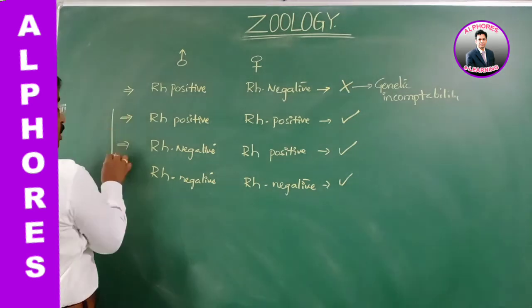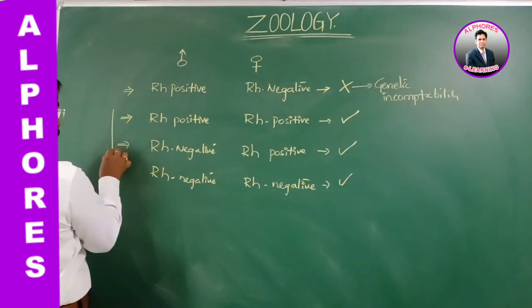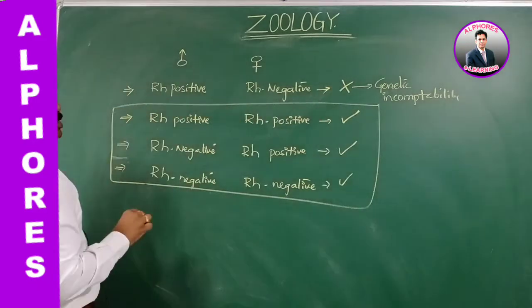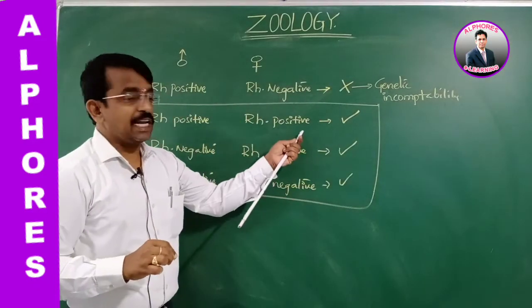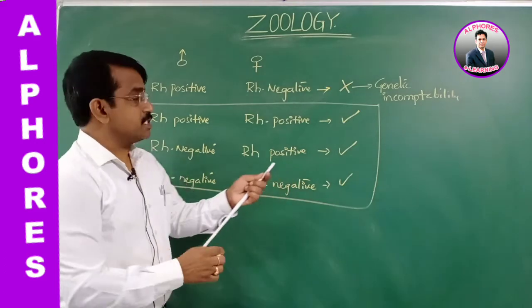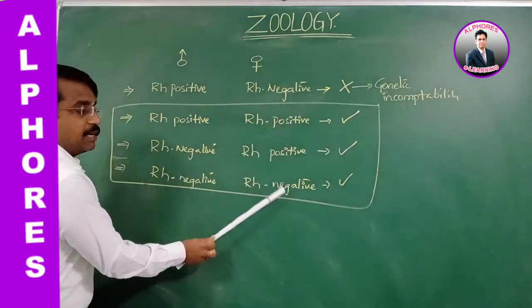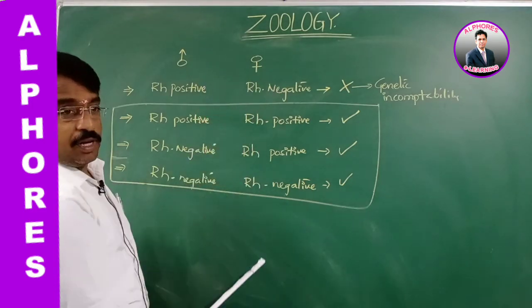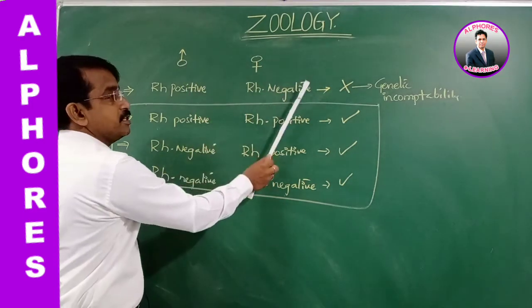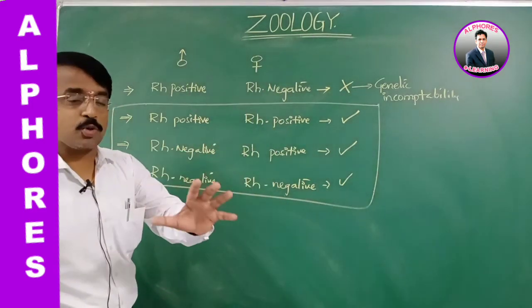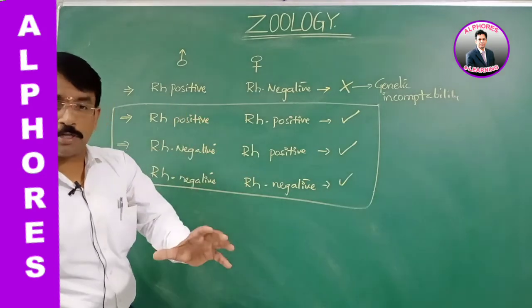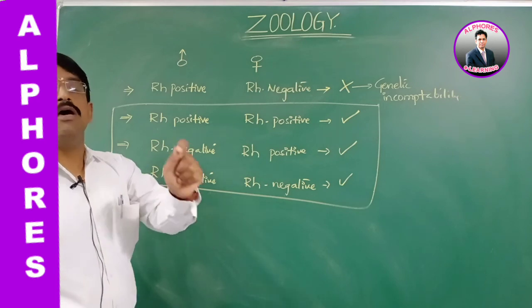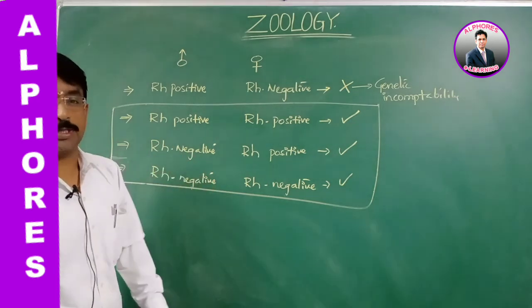So these three conditions are considered genetically suggestible. That is, marriage is suggestible among these three, whereas the other is not suggestible as it results in genetic incompatibility. The consequences seen in the fetus lead to HDNB, erythroblastosis fetalis. Thank you.